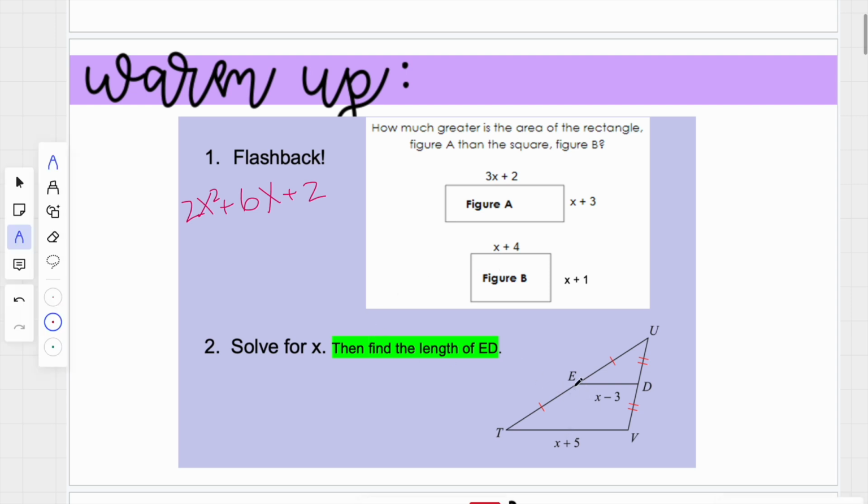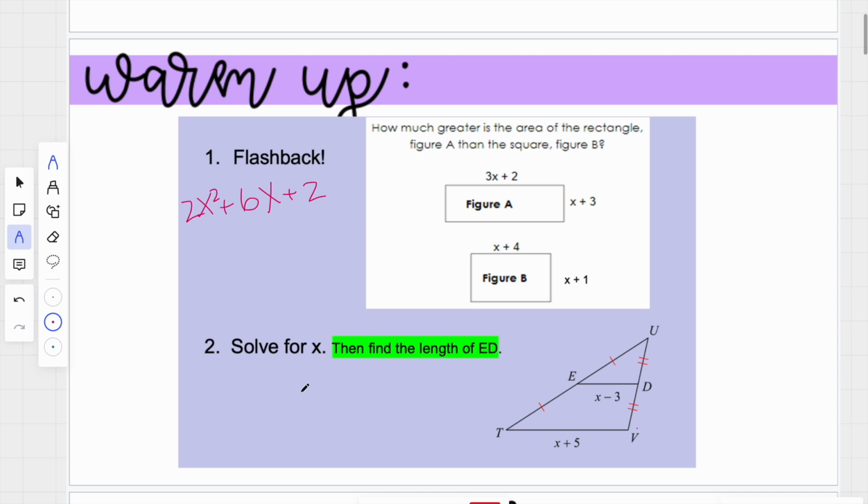Now, remember that a mid-segment is exactly half as long as the side of the triangle that it does not touch. The mid-segment touches this side and this side, but does not touch this side. So this is twice as long as this. This is half as long as this.